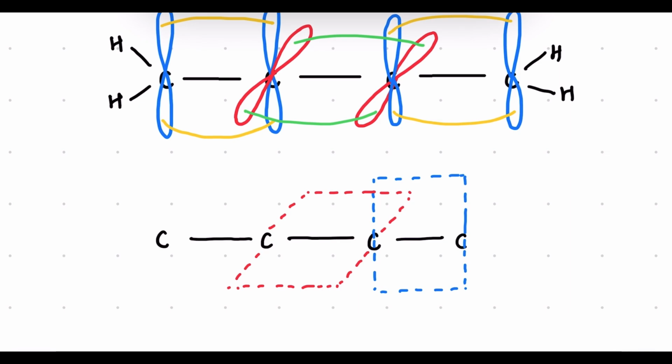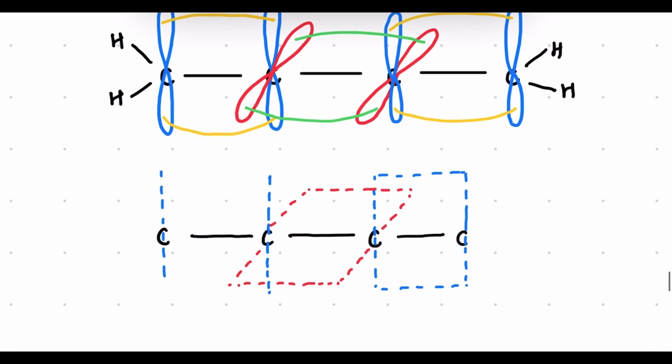And finally, we have this other blue plane, which is in the same orientation as this one. Okay, so now we have the planes drawn. So we have this blue plane and the red plane and the blue plane again.